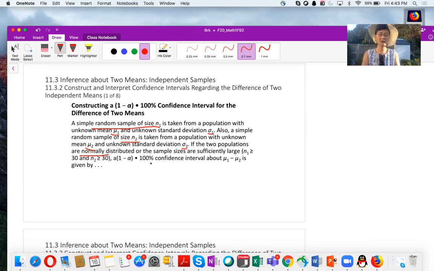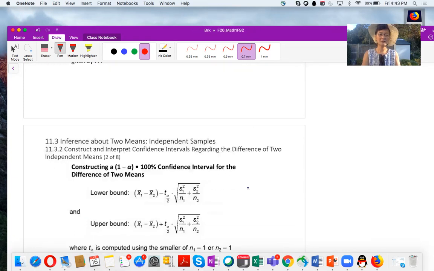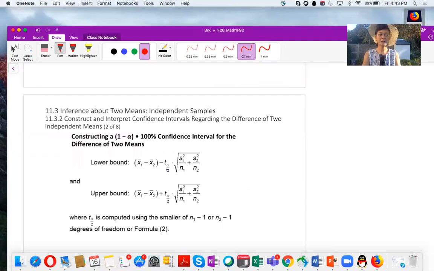So the confidence interval is just the formula for lower bound and upper bound. Sample 1 mean minus sample 2 mean, plus or minus t half alpha, the critical value, times the square root of sample 1 standard deviation squared over n1 plus sample 2 standard deviation squared over n2.